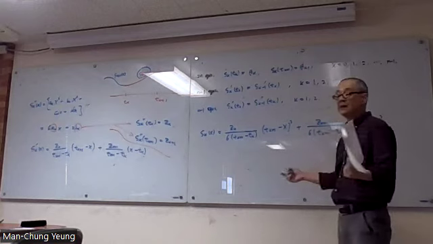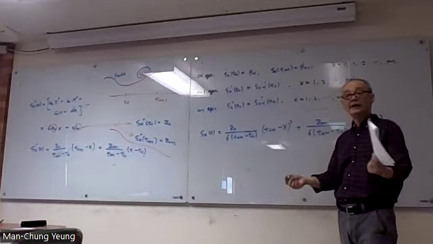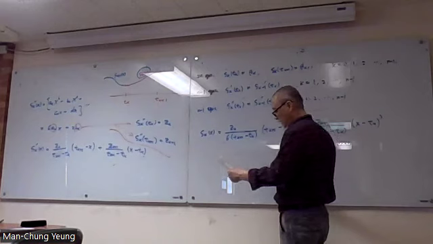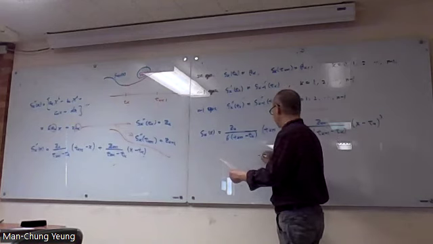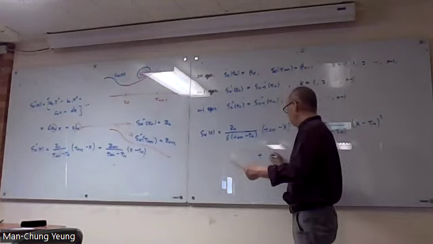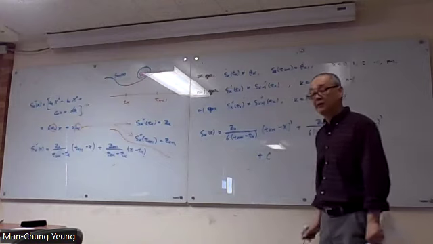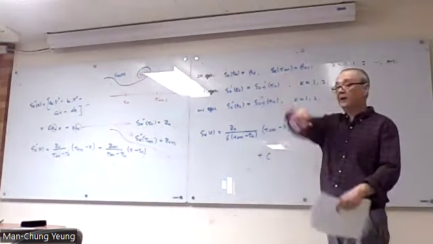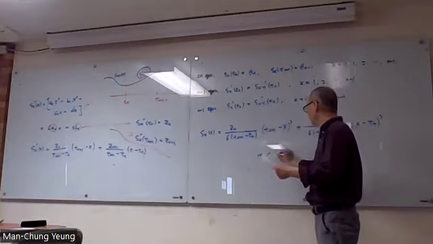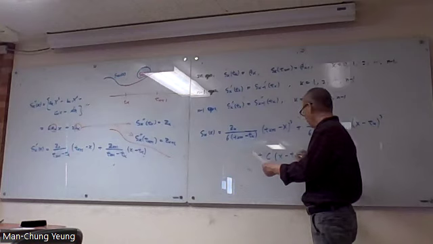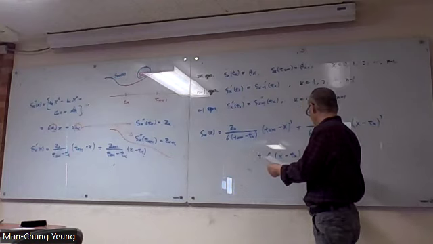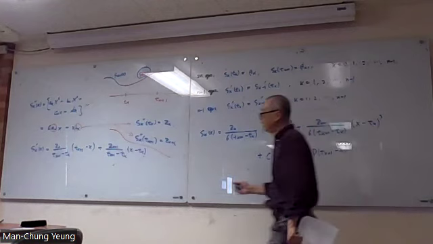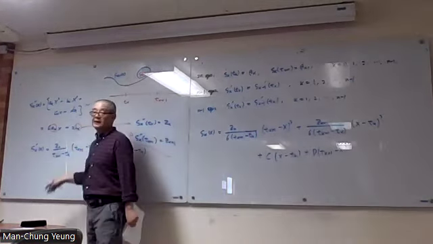What is tk? We know tk, the knots are given. And then, taking the integral, we have integration constants: C times (x minus tk) plus D times (tk plus 1 minus x).